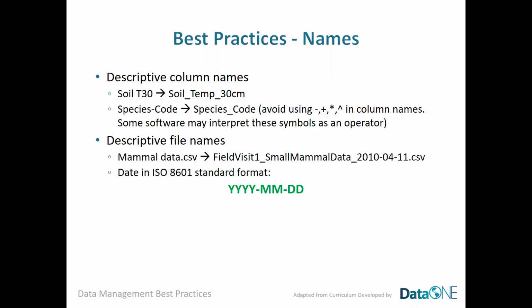And we know that it is April 11th, 2010, rather than November 4th, 2010, because it uses the standard ISO date time format that I alluded to in the previous slide, which is the 4-digit year - 2-digit month - 2-digit day. And so this file name is much more helpful and much more descriptive than simply mammaldata.csv.